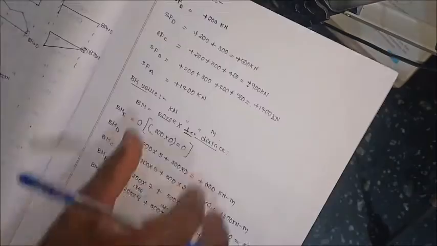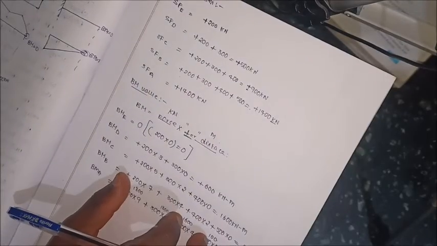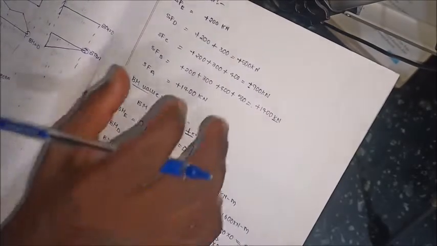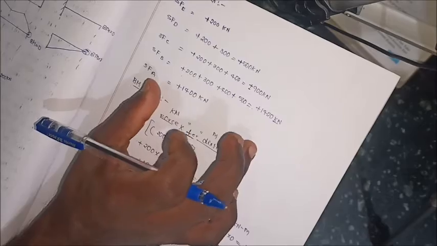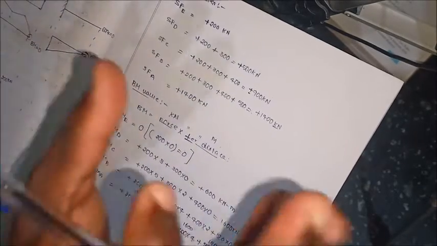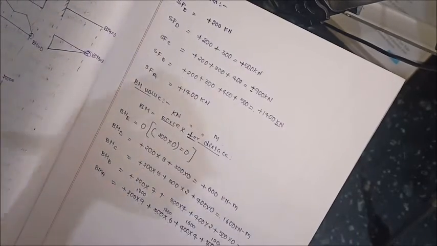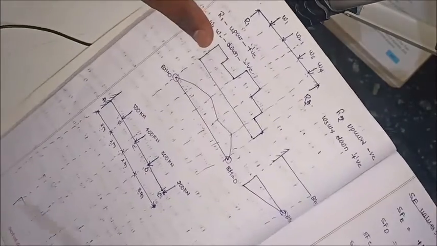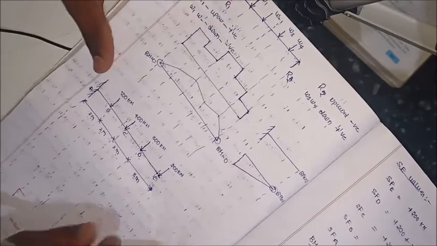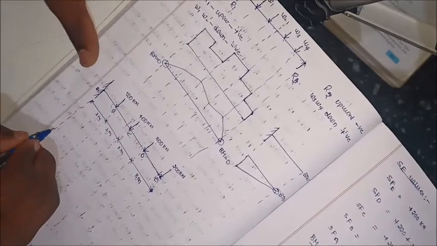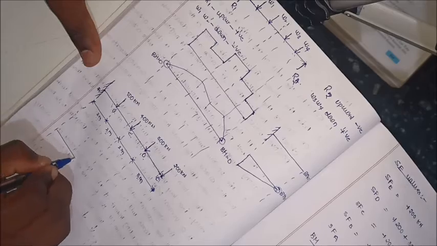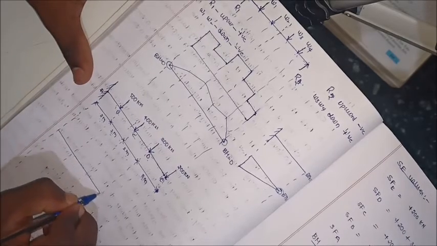Based upon these values, we draw the shear force and bending moment diagrams. These diagrams show the variation of shear force and bending moment along the length of the beam. So let us see that variation. First of all, you should draw a baseline.